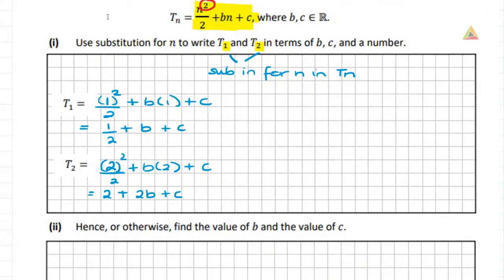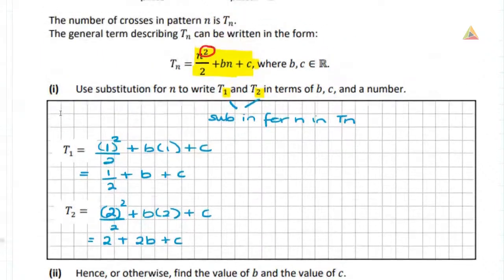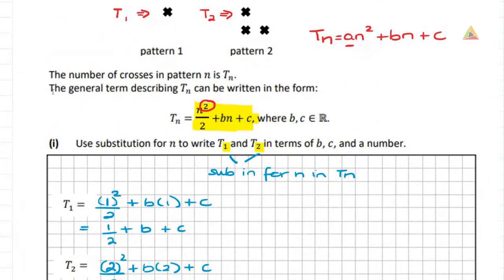So I'd have two equations, but we haven't put them equal to anything except for T1 and T2. So what we want to look at again is how many crosses were in each of these patterns. In the first pattern, T1 was equal to 1, and in the second pattern, T2 was equal to 3.